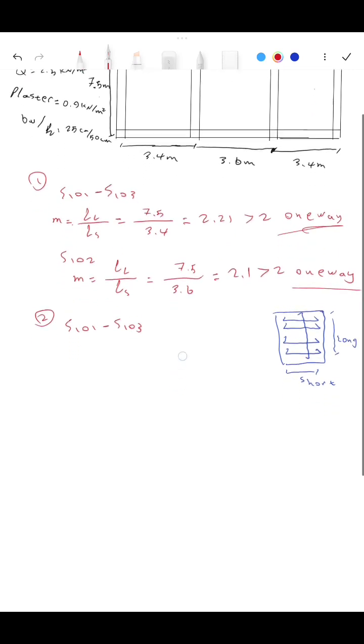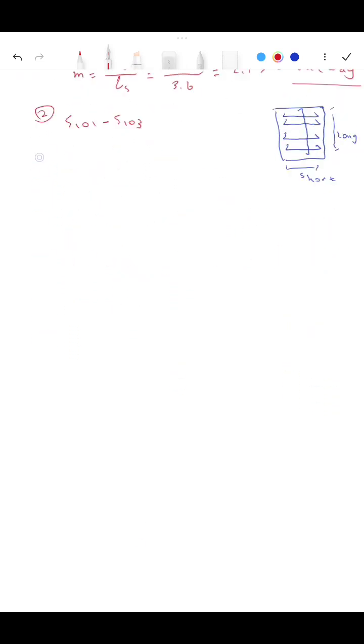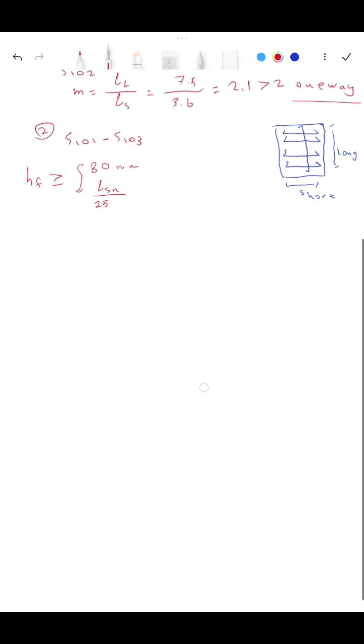So we have the formula: HF should be bigger than or equal to 80 millimeter, or LSN divided by 25. What is the LSN?